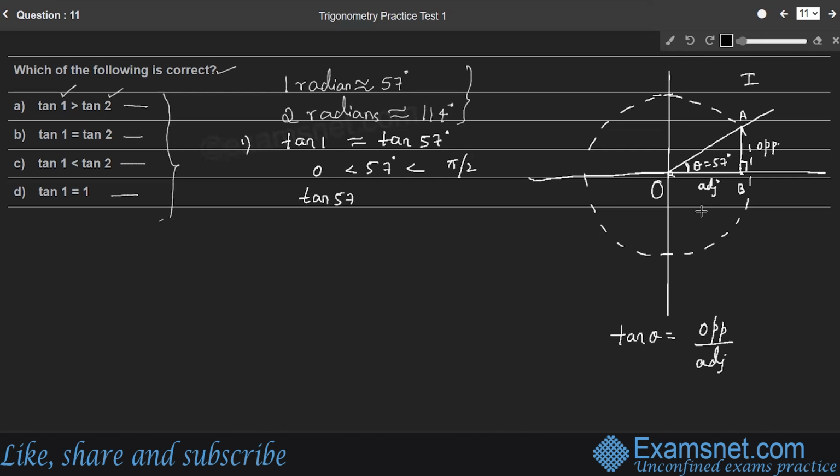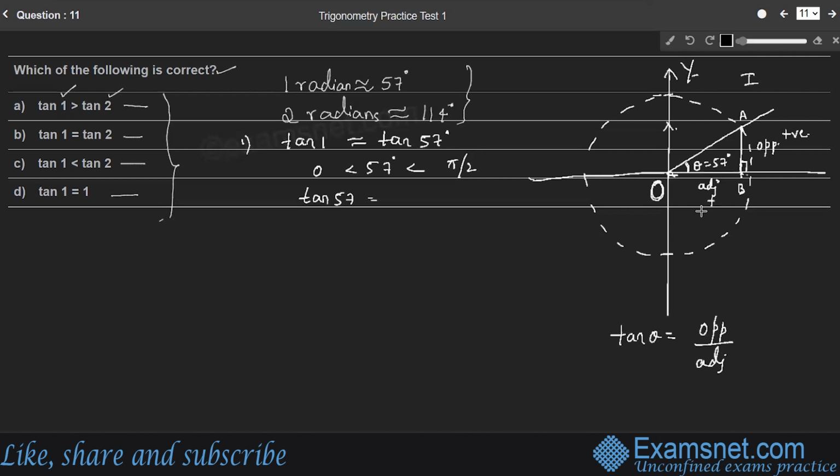Tan 57 degree is positive because the opposite side is on the positive y-axis. This value AB is always positive because we are measuring the length from the origin along the positive y-axis. Therefore, AB is positive, whereas OB length is on the positive x-axis.